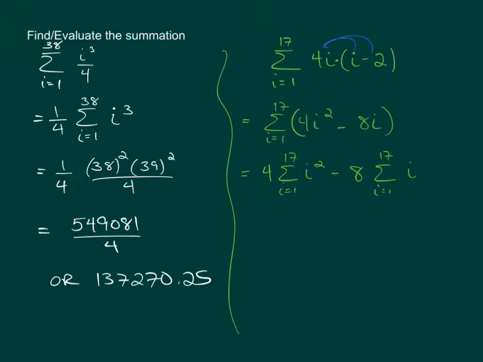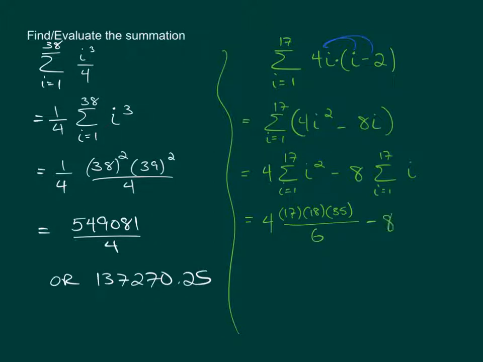So from here, we can say that this equals 4 times, when you use the upper bound in the formula for i squared, you'll have 17 times 18 times 35. Right, this is the upper bound times the upper bound plus 1 times 2 times the upper bound plus 1, all over 6.